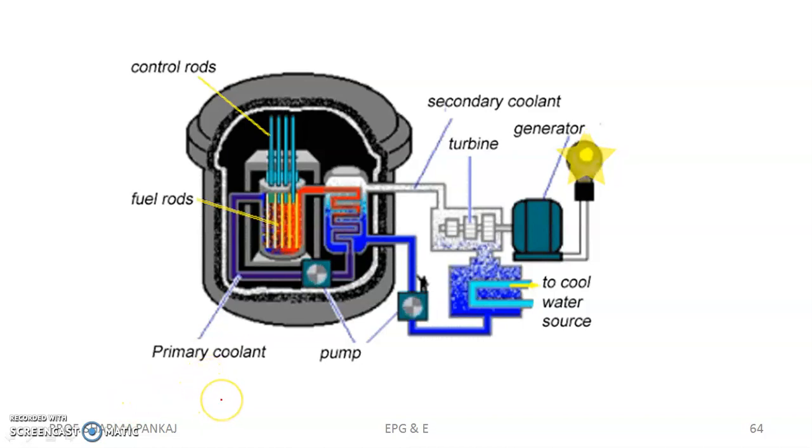Let us see once again what is happening in the reactor core. We have seen the block diagram just now, and this is the live working diagram of the reactor core. By seeing this, you can have a better visualization of the system and explain it in your own words. This is your control rods. This is your fuel rods. This is your primary coolant pump.